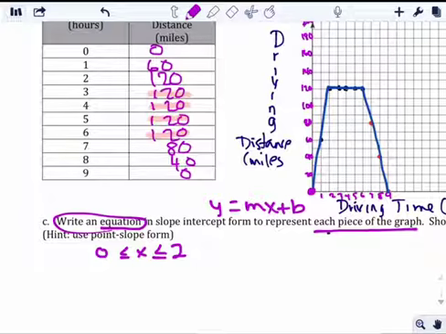But if you're in doubt, always use point-slope with (0, 0) and either 160 or 120, whichever one.